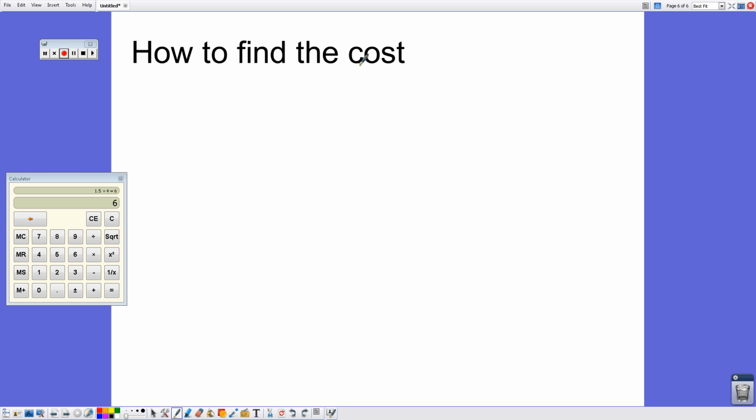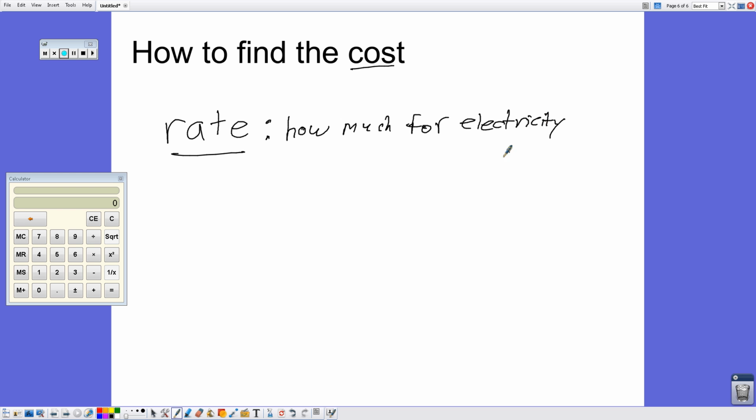How much money? Well, you need to know what their current rate is. So the rate, that's how much you got to pay. Now, PG&E has this weird tiered system where the more electricity you use, the more it charges you.